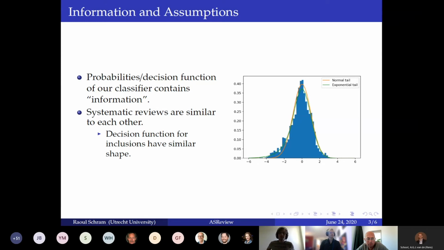You can see on the right, I don't have the time, unfortunately, to explain how it technically works, but you have some distribution of inclusions, and the shape is similar between different reviews. Okay, next.